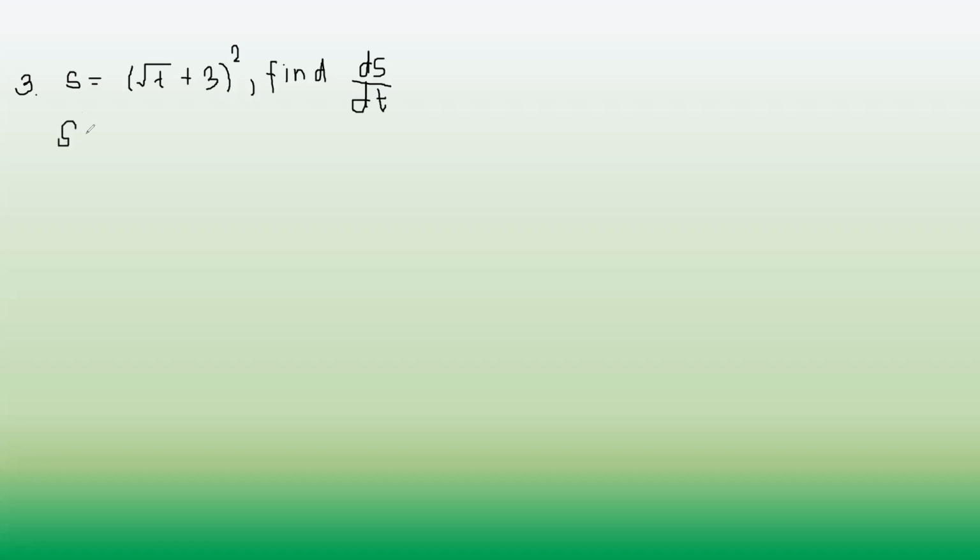Simplifying, s is equal to quantity square root of t squared plus 2 times square root of t times 3 plus 3 quantity squared. O yan, galing naman yan sa tinatawag na square of binomial.